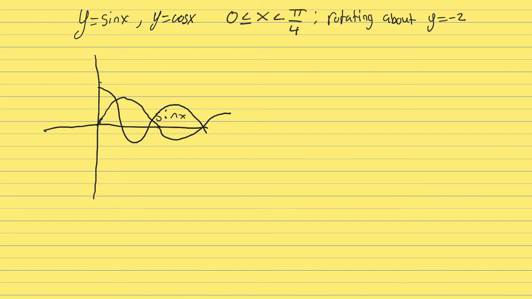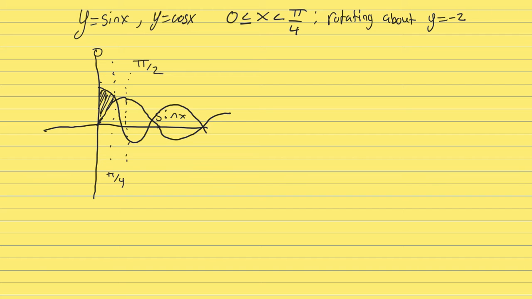Now it's bounded between 0 and pi over 4. We know that the first peak of the sine graph is at pi over 2, so half of that is pi over 4. Looks like the problem wants us to look right here. Now we're going to be rotating around the line y equals -2.